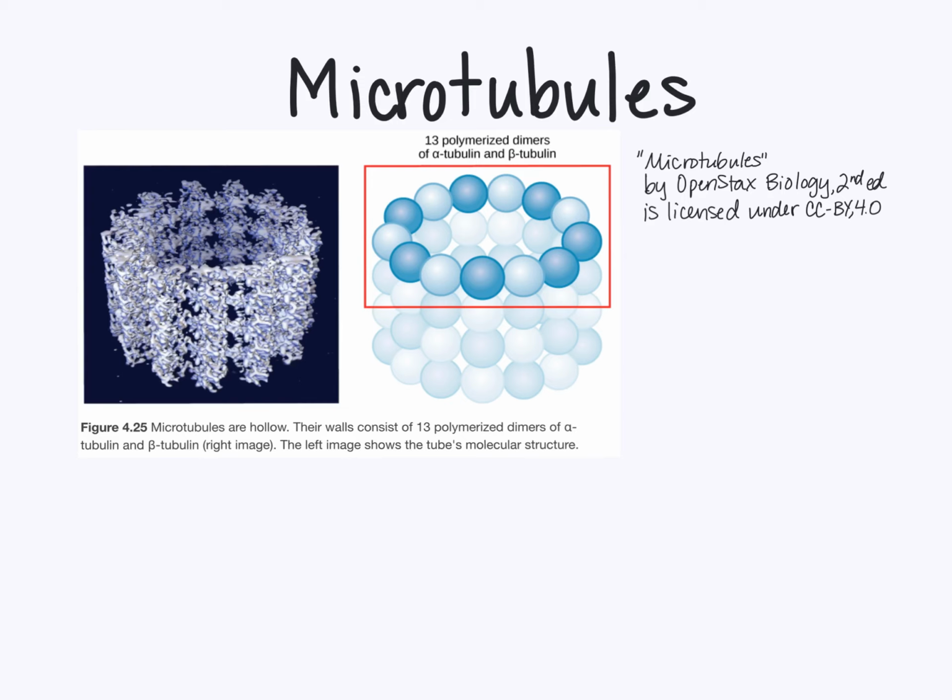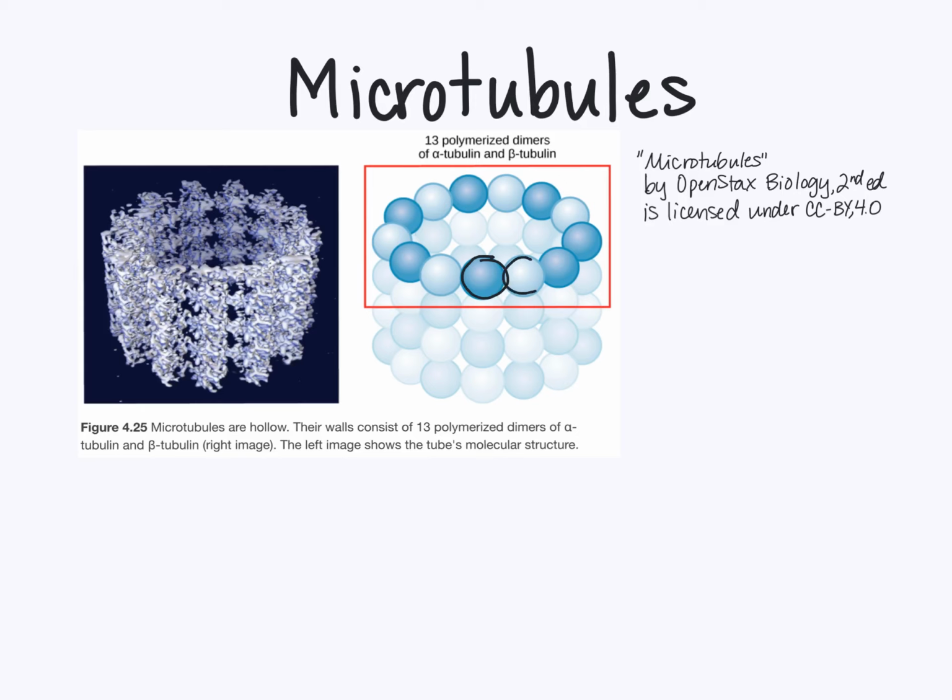And the third protein associated with the cytoskeleton that we're going to talk about are the microtubules. Even though it starts with the prefix micro, these are actually the largest of the three proteins that we're talking about associated with the cytoskeleton. You can see in this picture that the microtubules are made up of globular proteins.